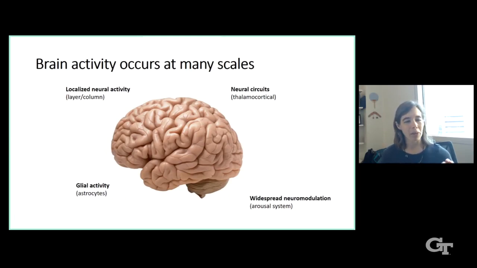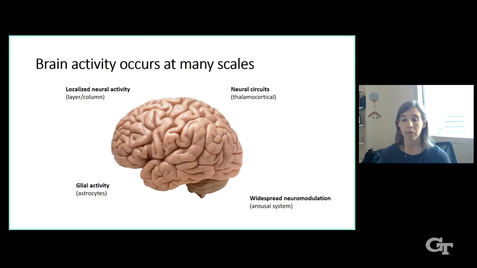And the thing I think is really cool about the brain is that activity occurs at so many different scales. You have transmission at single synapses. You have these localized mesoscale structures like columns and layers that are more specialized. Then you have areas that do specific tasks like process sensory information.